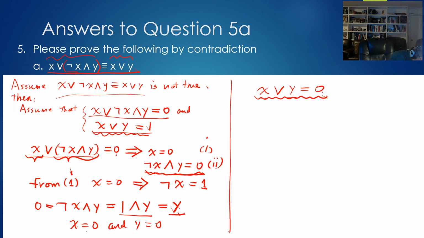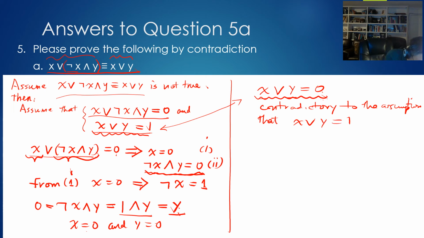These two contradict each other. So we proved the contradiction to the assumption that x or y equals 1.